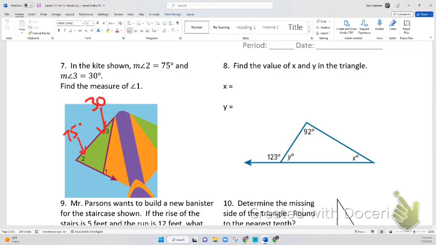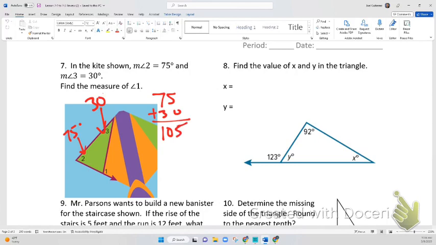Number 1, you can use the trick that we gave you guys in the notes last week. The exterior angle is just the sum of the 2 interior angles. So if you add up the 75 and the 30, you get 105.